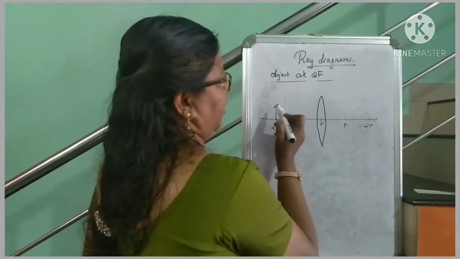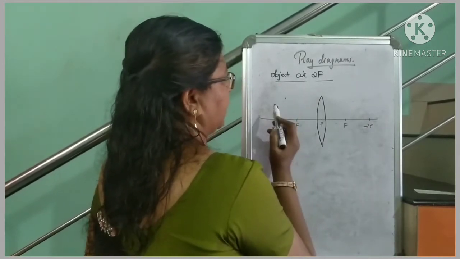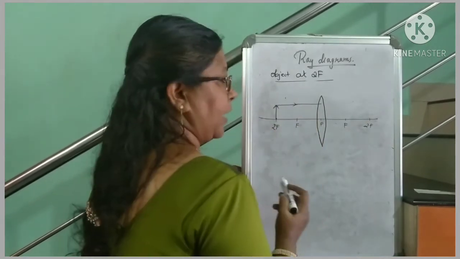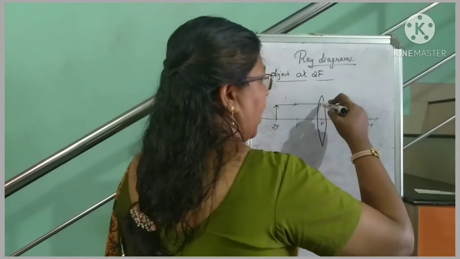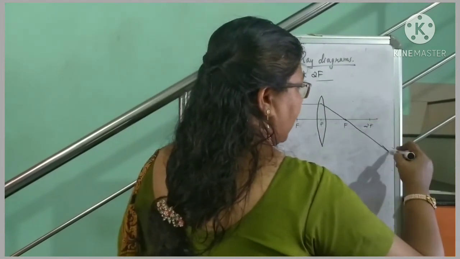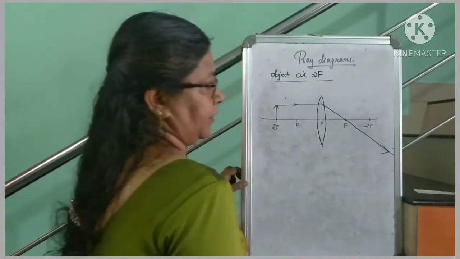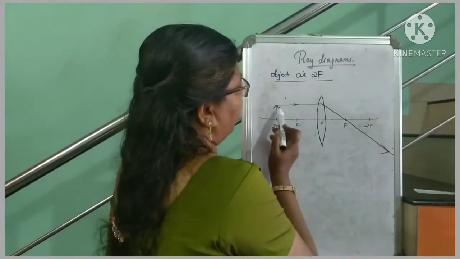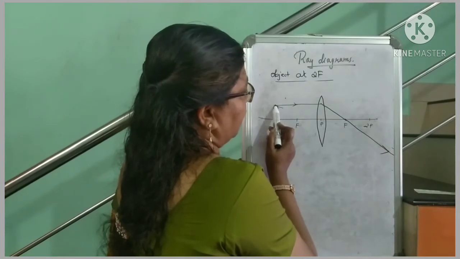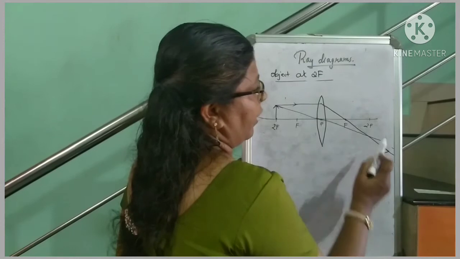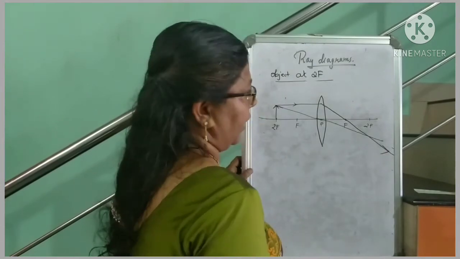Here also we can follow the rules. First one, a ray of light passing parallel to the principal axis after refraction passes through the principal focus. Then, a ray of light passing through the optic center will not undergo any deviation.